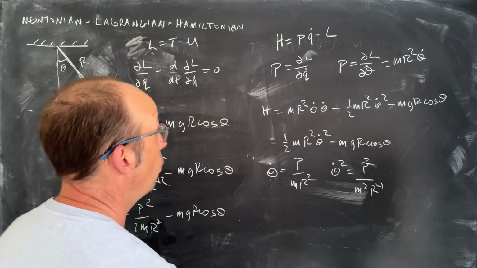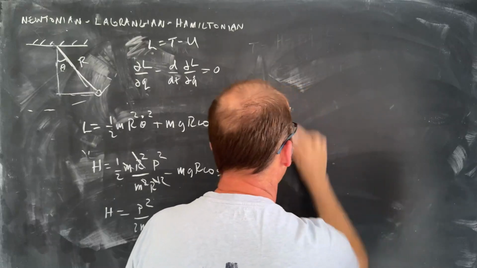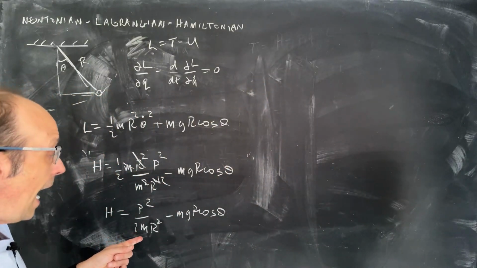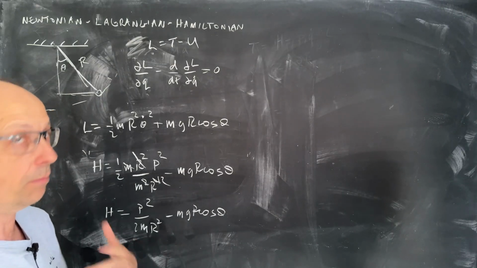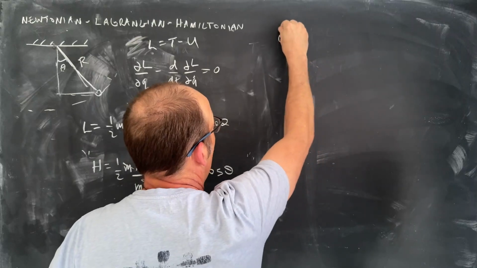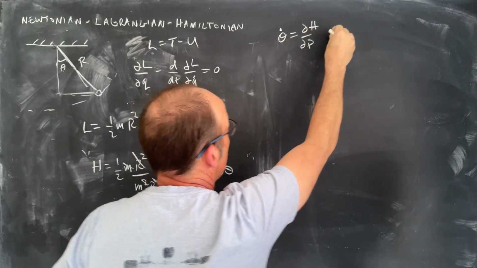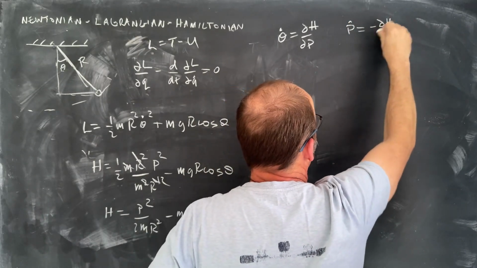Whew. And like I said, I told you you were going to say this is crazy. And kind of it is. I get it. So now we have a Hamiltonian in terms of p and theta, p and q, and we can use the following Hamiltonian equations. Theta dot is the partial of h with respect to p, and p dot is negative the partial of h with respect to theta.